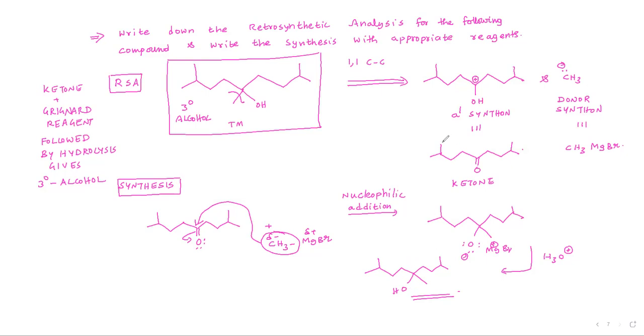So this is the target molecule. And of course, we can also write down the synthesis of this ketone. That is not necessary, but just to learn the chemistry, we'll discuss the synthesis of this ketone. So this is the final TM that is given. This is a 1,1-CC disconnection. Grignard reaction disconnections are all called 1,1-CC disconnections.